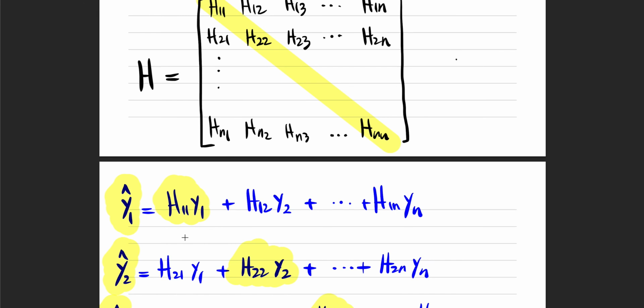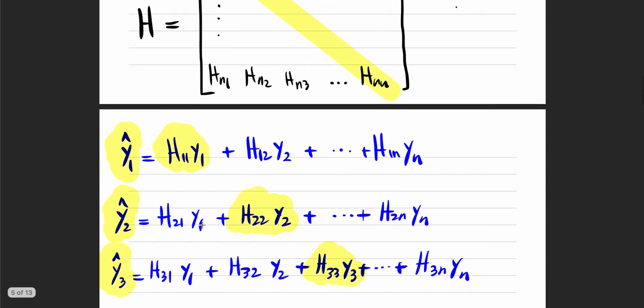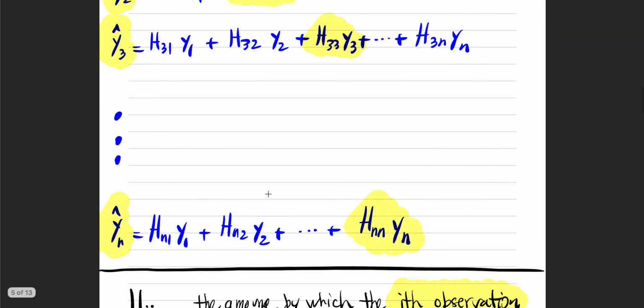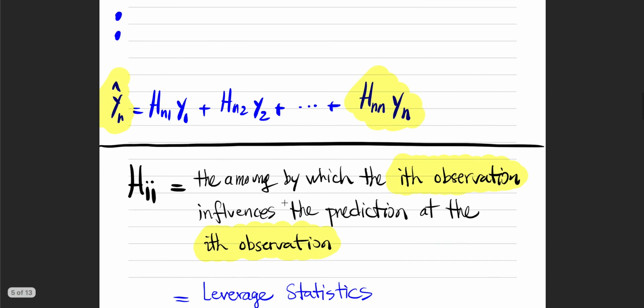So the larger H11, the stronger the impact on the prediction of the first data point from the first observation. The stronger H22, the stronger the impact on the prediction at the second data point by the second observation. So Hii is a measure of how much the ith observation influences the prediction at the ith observation.